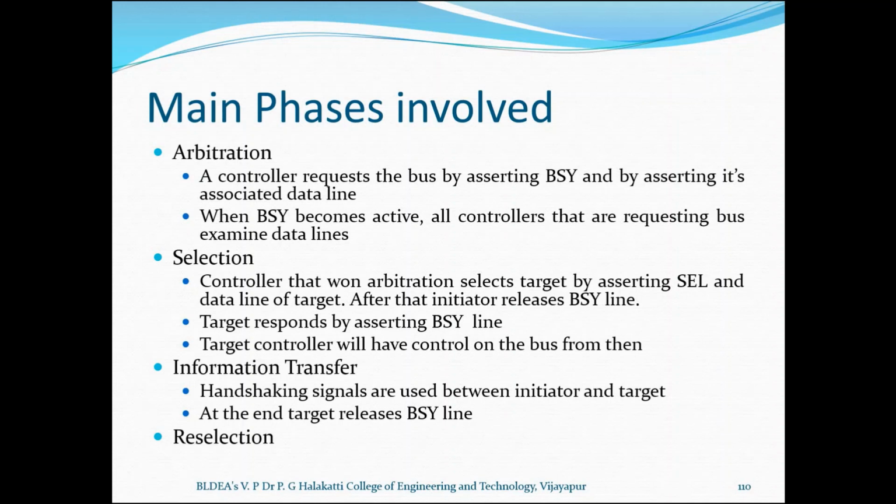The initiator transfers control to the target by making the target controller assert the bus busy signal. The initiator waits for some time to make sure that the target has asserted the bus busy line and then releases it. The connection between the two controllers is now re-established and the target has control of the bus.